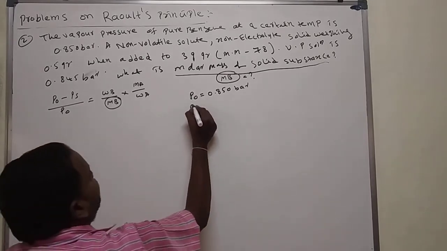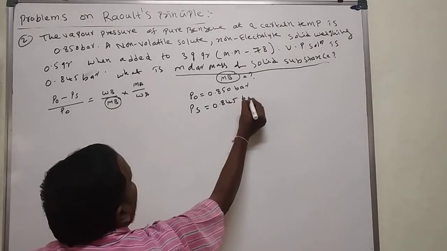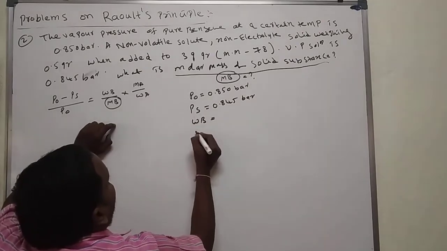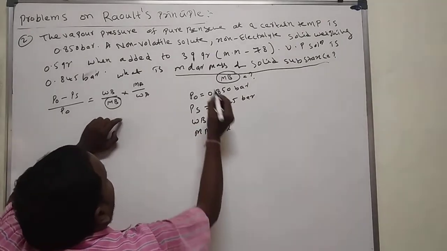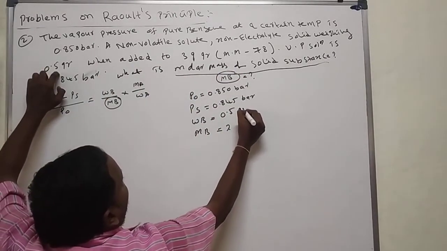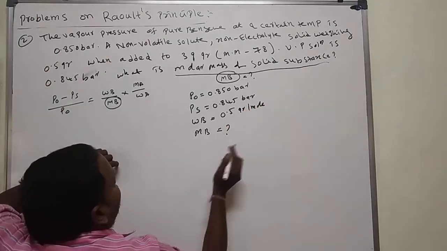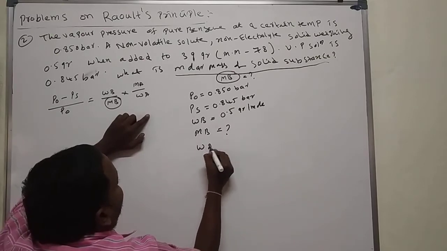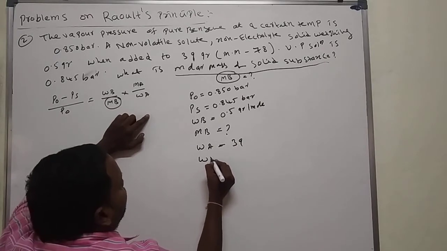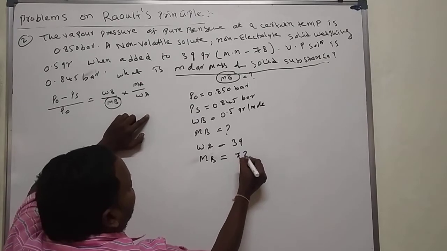Here Ps is 0.845 bar. Here you calculate MB. WB is 0.5 grams. WA, weight of solvent, is 39 grams. MA is 78.